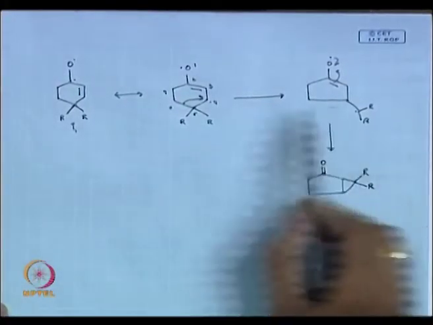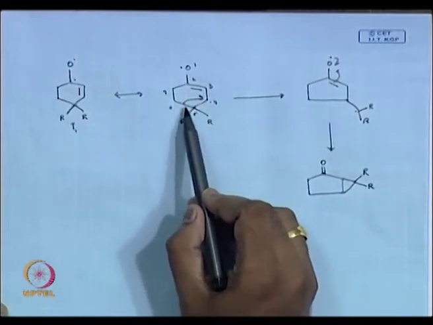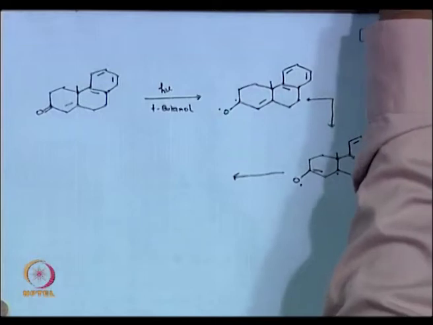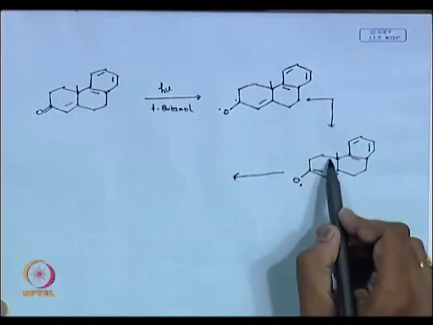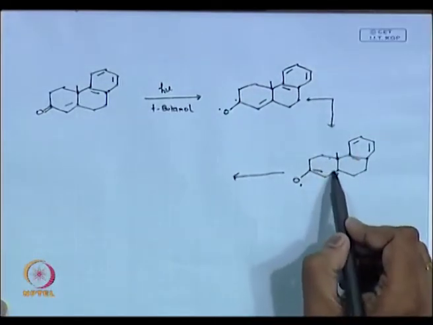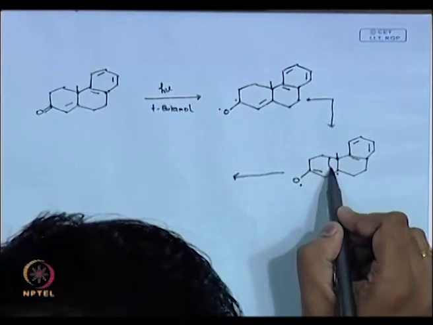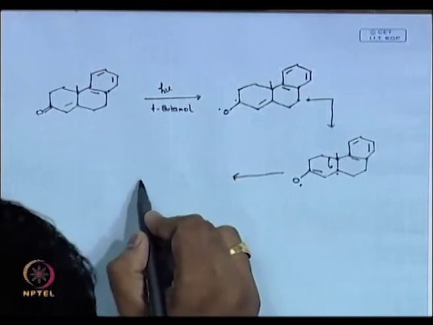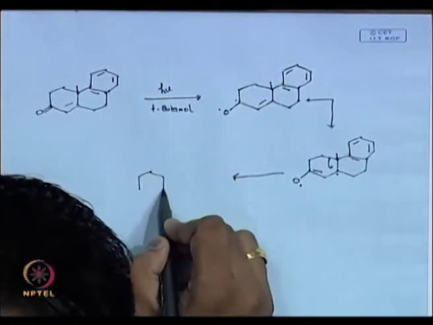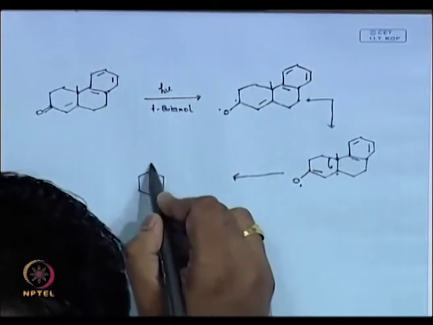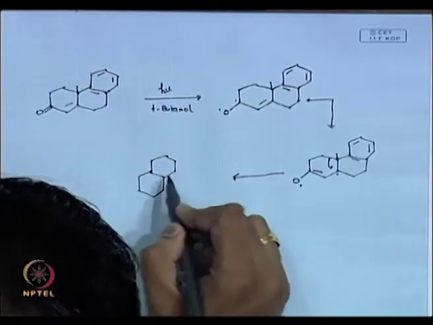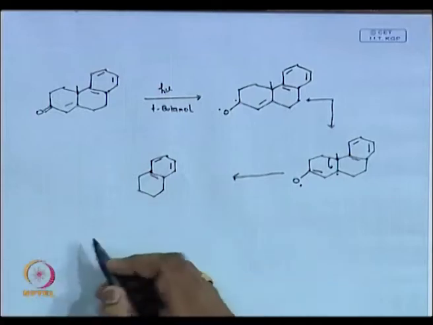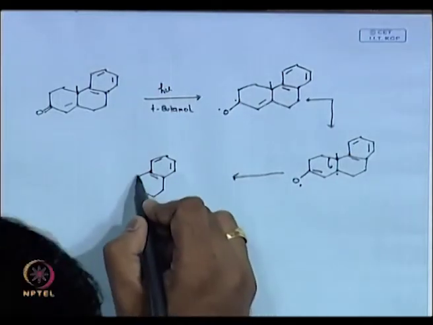Once you get this, you get a shift, right? So why can you not think the same way here? I can just shift this, right? That is why I said that when you do it for natural products, like higher-membered rings, it will be much nicer for understanding them.